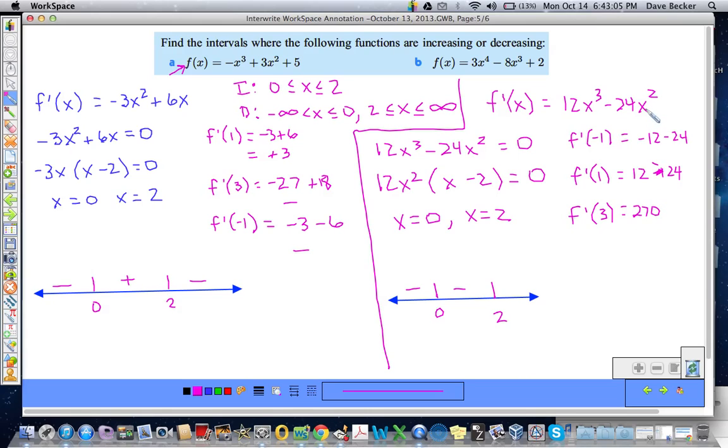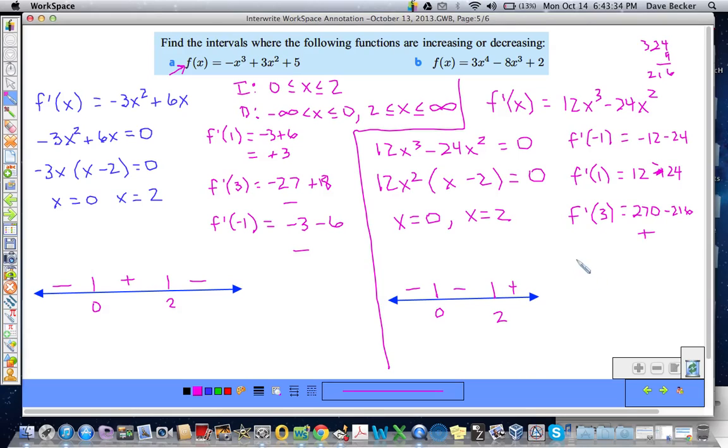And then 24 times 9 minus 24 times 9. Let's see what that is. 24 times 9 is 216. So it's going to be minus some 216. And it's actually going to be way bigger than this, so we know it's going to be positive. So that's just an instance where you don't have to figure out the exact value. We just want to know whether it's positive or negative.